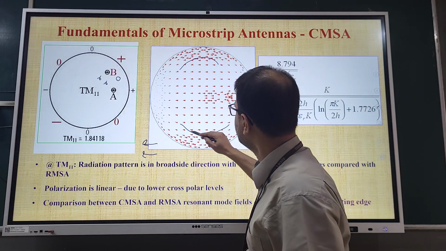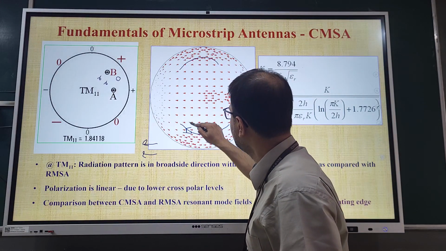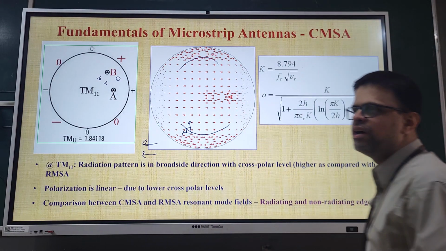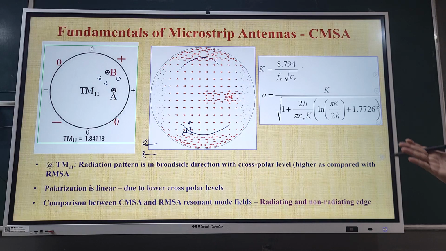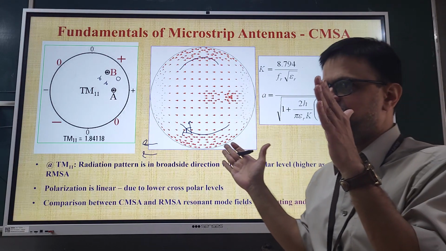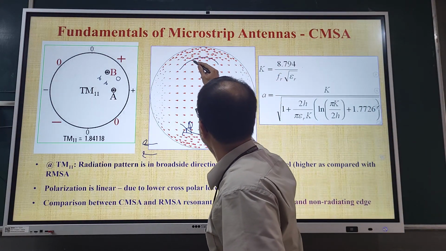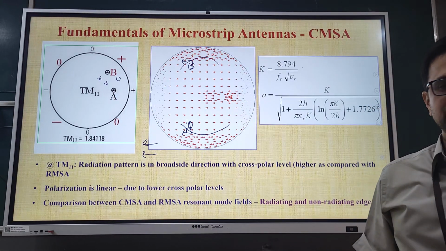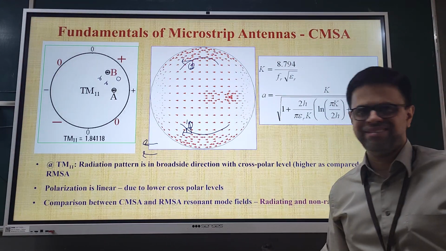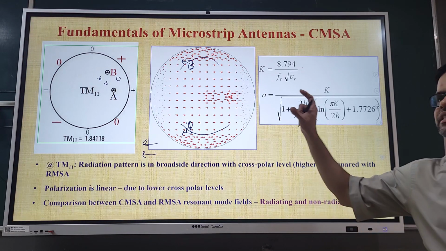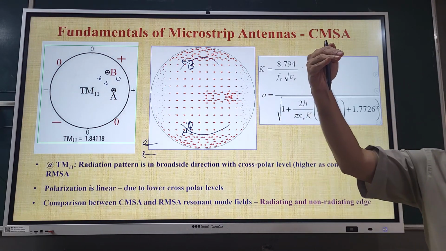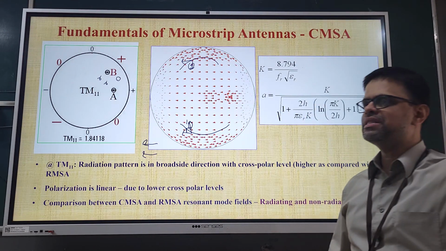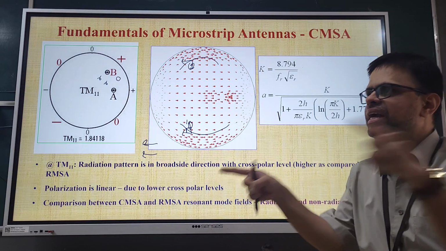Here, the currents are moving, so I can actually get components in the two directions, although these components will cancel each other in the far field, but still some contribution will be there. And that's why CMSA has slightly higher cross polar level as compared to RMSA when you compare the radiation pattern.